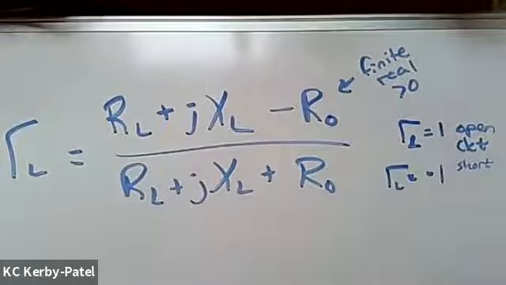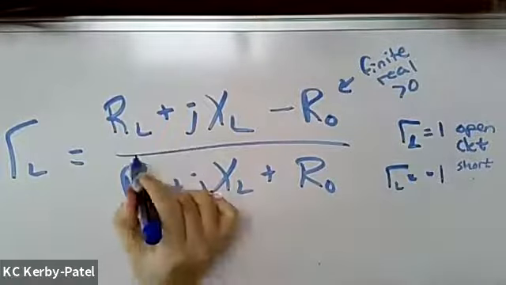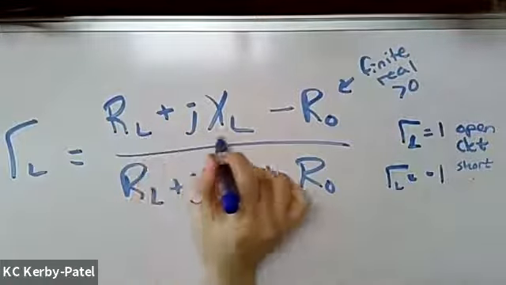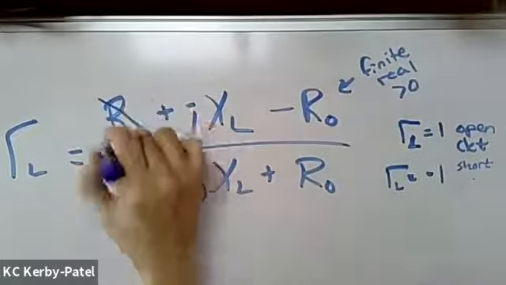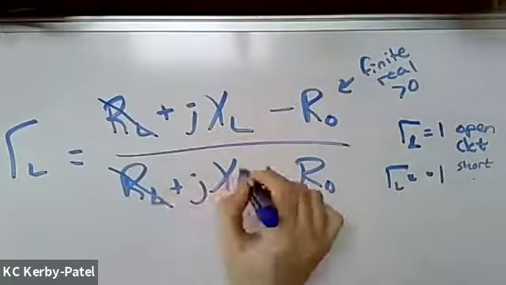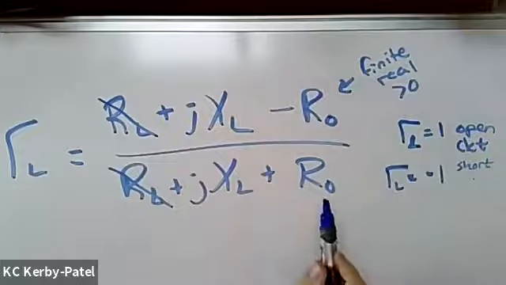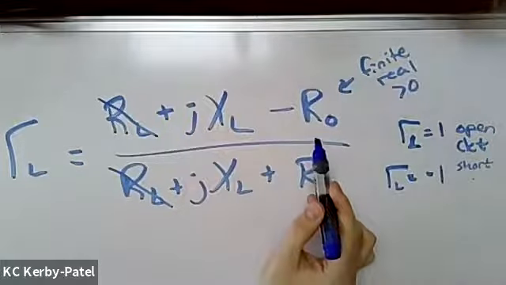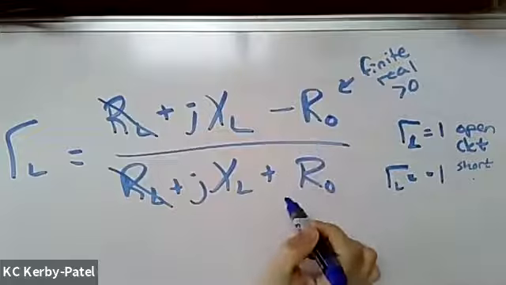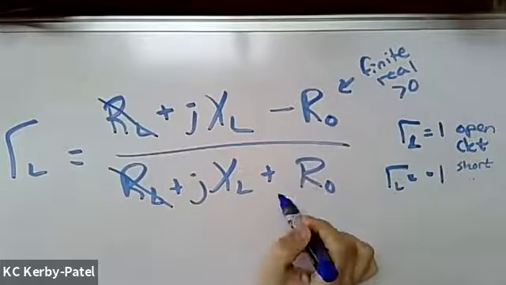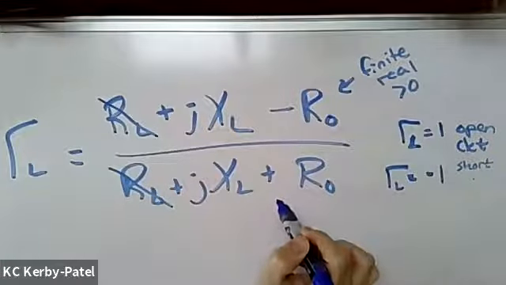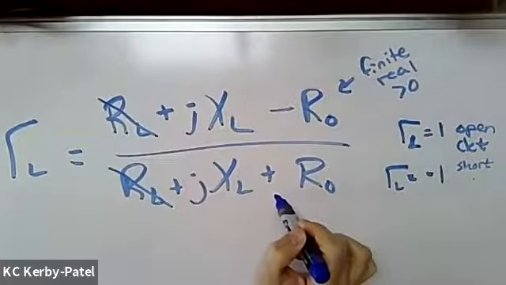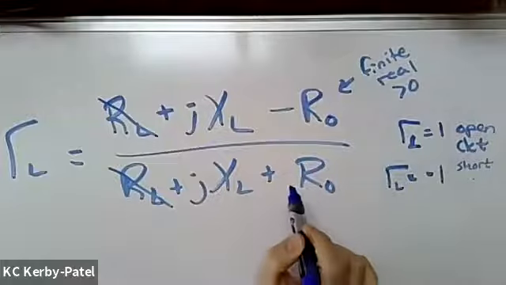What if you have RL is 0, but XL is some non-zero number? All right, so let's make that be 0, but these still exist. Well, then you have two complex numbers with different phases, but the same magnitude, right?